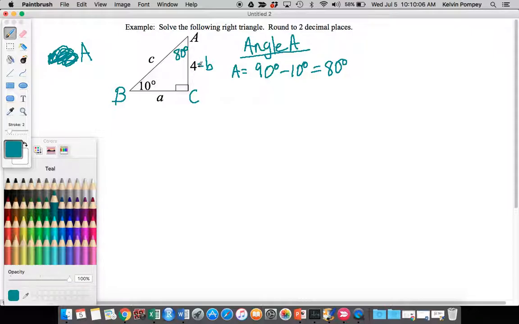I know side length B. I don't know C or A. Well, let me go and find side A. This is where my trigonometric functions, my trig ratios, come into play.